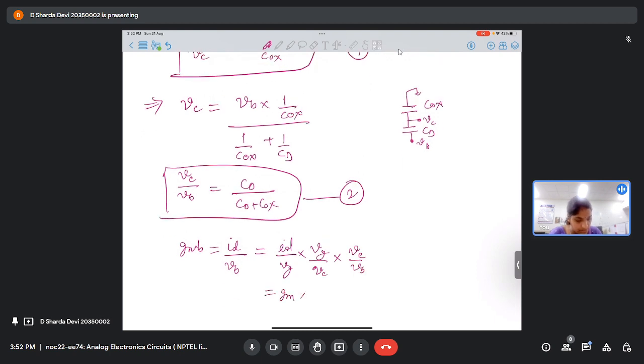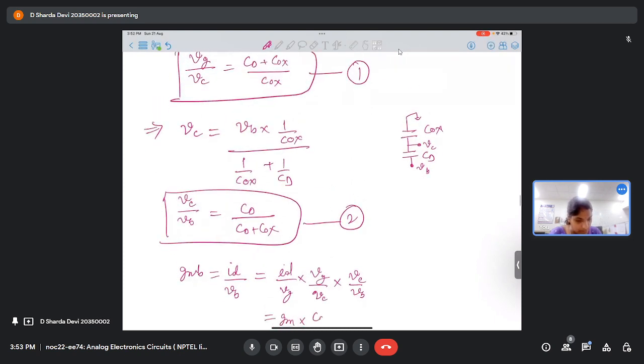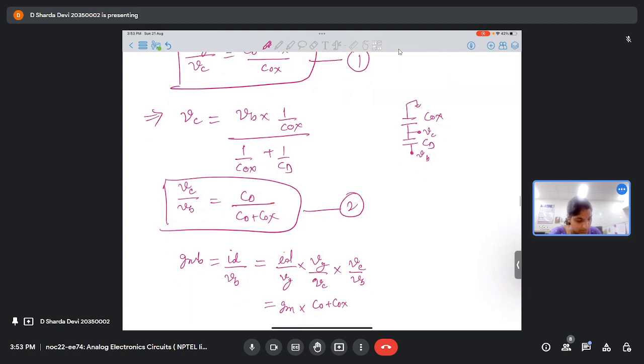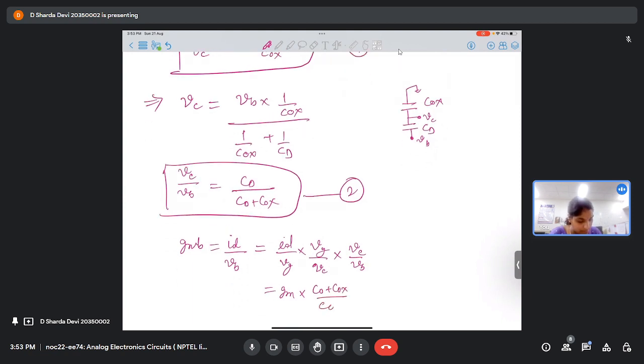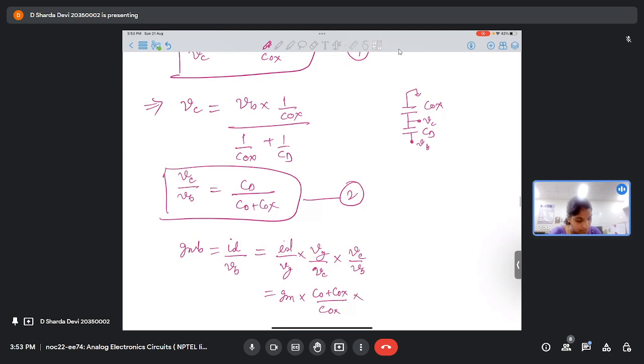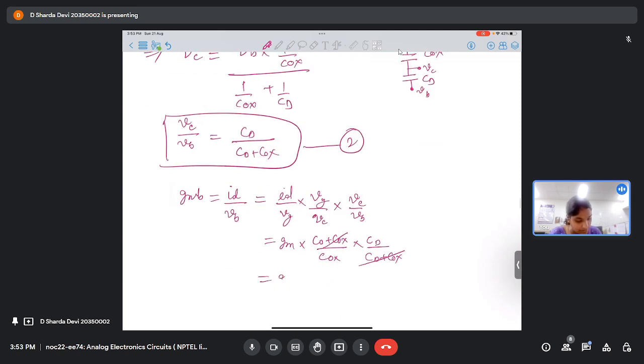This is Gm. This is Cd plus Cox by Cox, and this is equal to Cd upon Cd plus Cox. If we cancel, we are left with Gm into Cd by Cox. This is ID by Vb, or GMB.